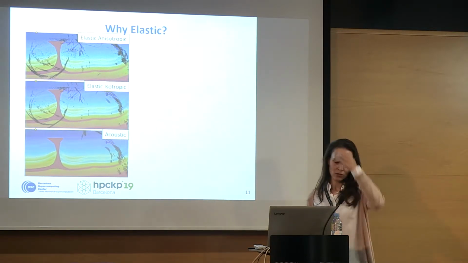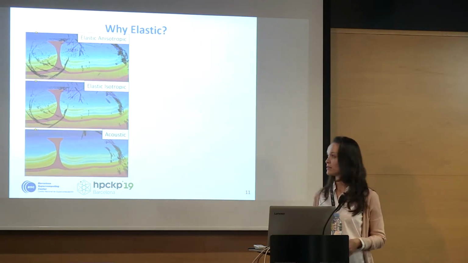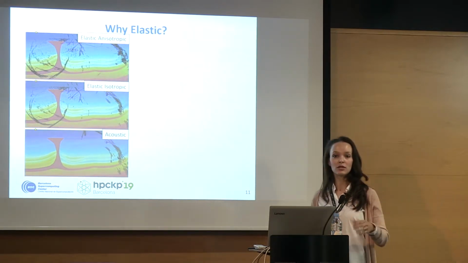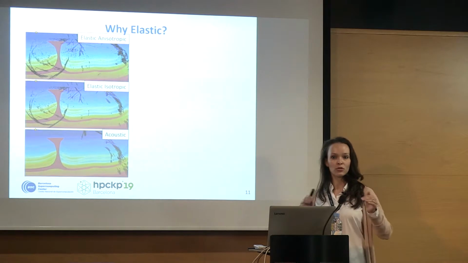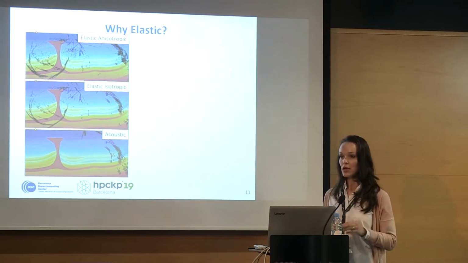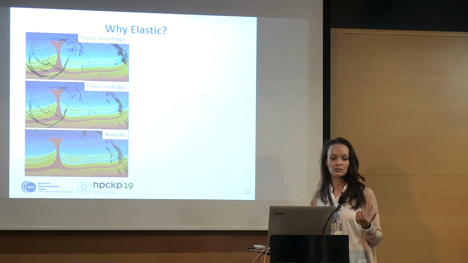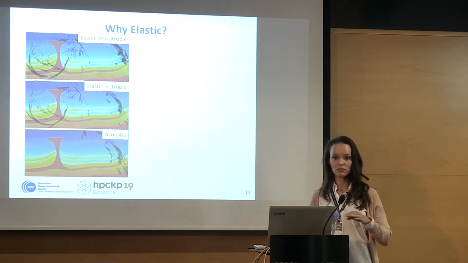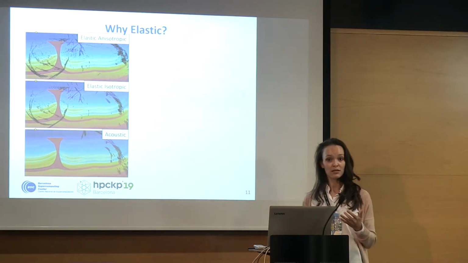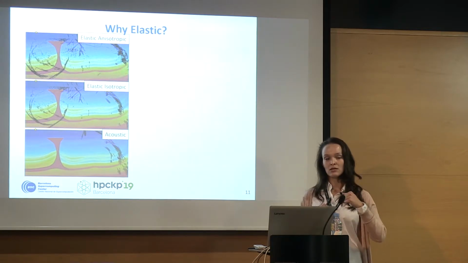Why elastic? Because this has evolved, and in the beginning it was reverse time migration with only acoustic. We measured the wave only in 2 dimensions. It bounced and you measure, and that's it. But if you imagine the ground is not fully solid, you have materials that can bend, that can get distortion, that change depending on the pressure of the ground.